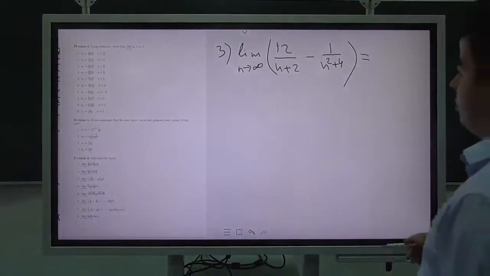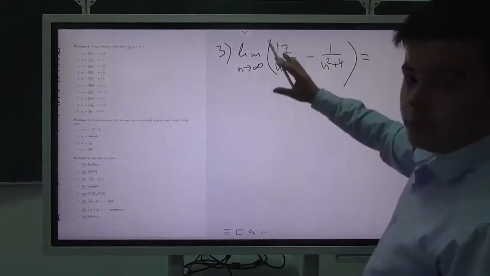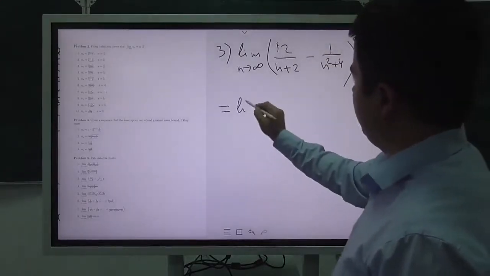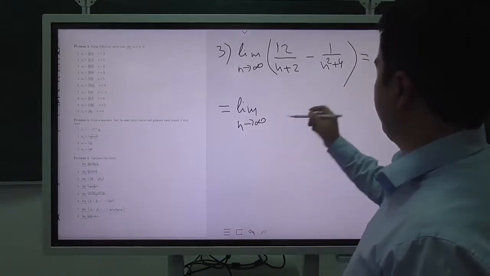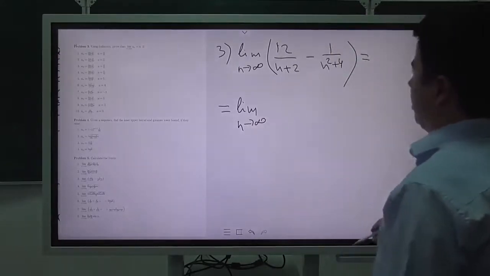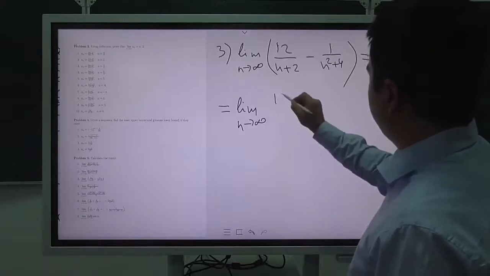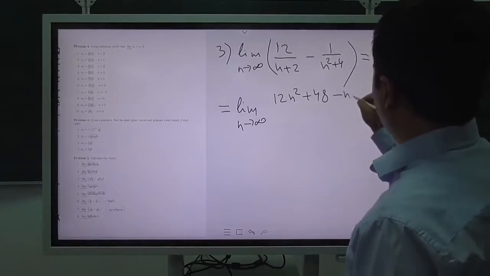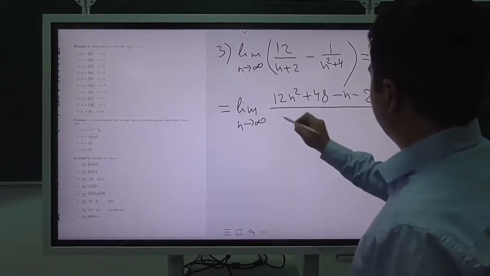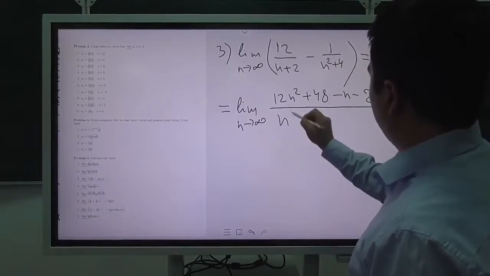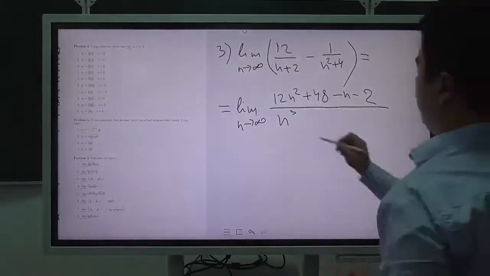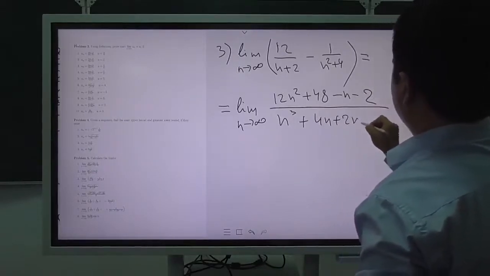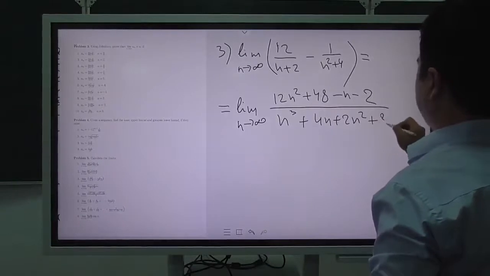In this case, we need to simplify firstly the expression inside of these brackets. So limit as n tends to infinity. Let's put it over a common denominator. So 12 n squared plus 48 minus n minus 2 over, let's multiply them, n cubed plus 4n plus 2n squared plus 8.